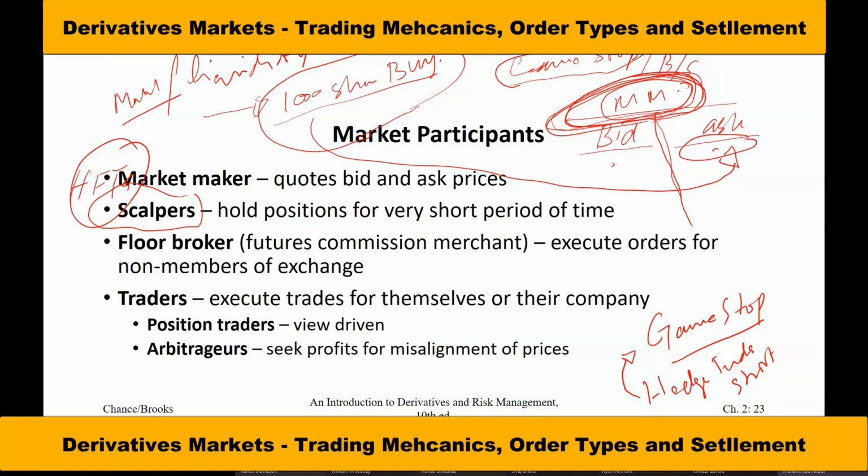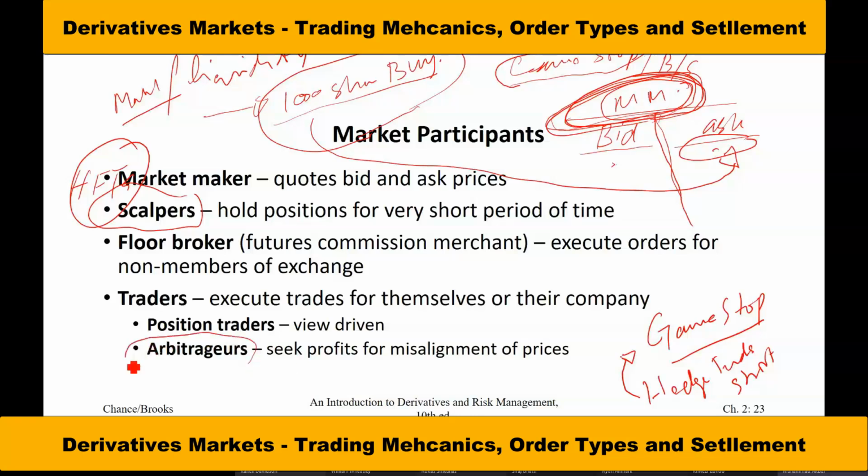So they were proven wrong. So these are position traders who are betting on the stock to move in a particular direction because they have done their analysis, whether technical or fundamental or both, that suggests the stock is overvalued or undervalued and it will go in a particular direction.